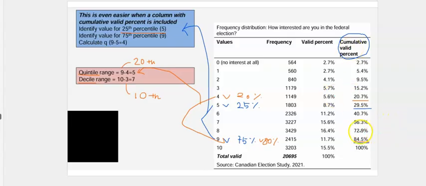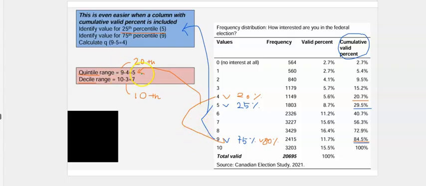And then you go to the cumulative percent. 72 is not yet 75, so you have to go to the next. So it's a 9. 9 is the 75% score, and 5 is the 25% score. So the range is between the 25% and the 75%. That is 9 minus 5. Sorry, 9 minus 5. So the range is 4. So you will obtain it that way.